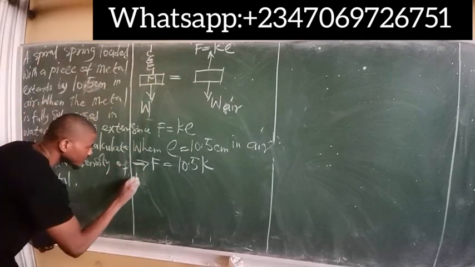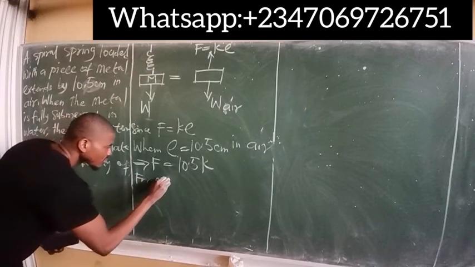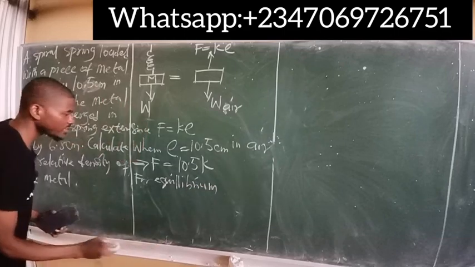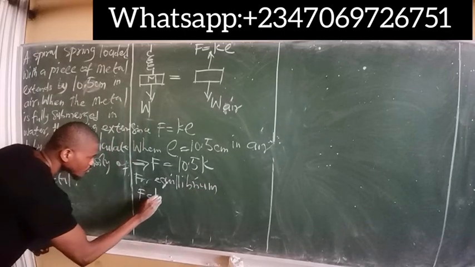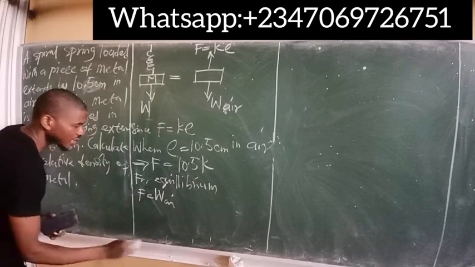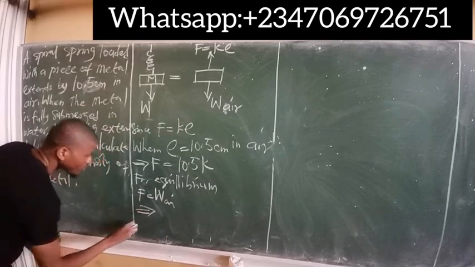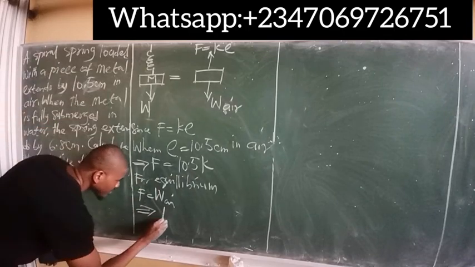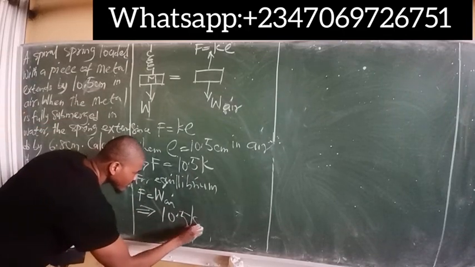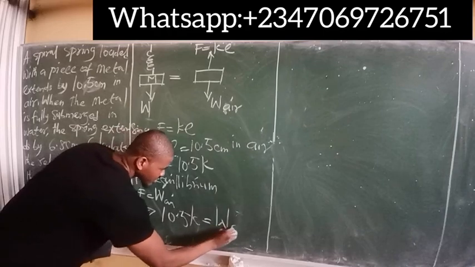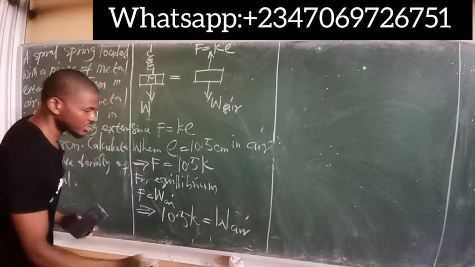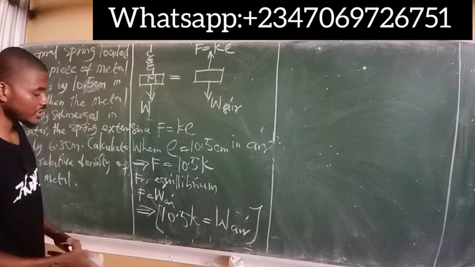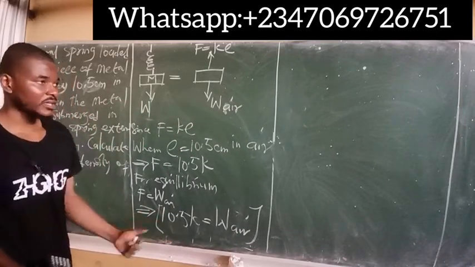So for equilibrium, we simply have that F must be equal to weight in air. And now, we know the value for F. F is simply 10.5 k. So this simply implies that 10.5 k is equal to the weight of the object in air. So you keep this equation aside. The weight of the metal in air is simply 10.5 times k.